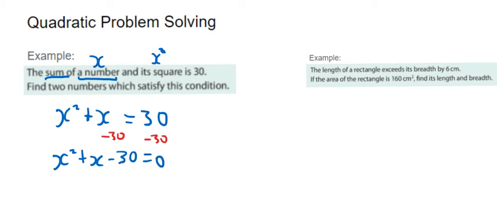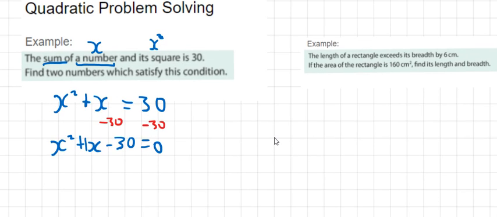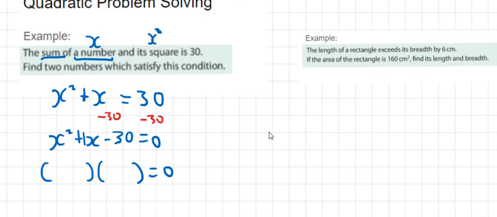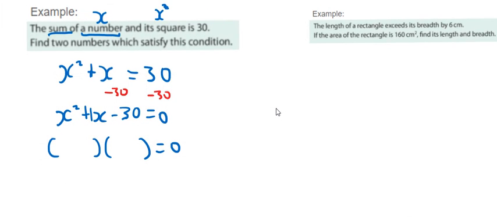And because you've got a plus x there in the middle, you could put a little 1 in front of it so we've got a number to help us factorize. Because x and 1x are the same thing. So now you've got a quadratic, and the rest of this is stuff that you should have seen and practiced before.